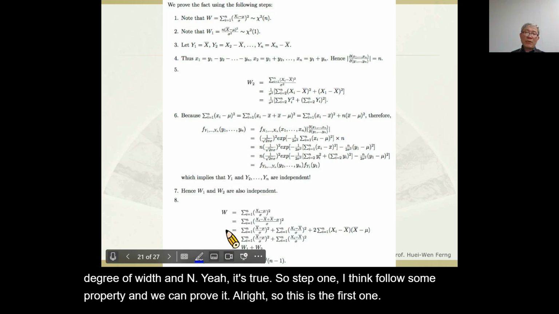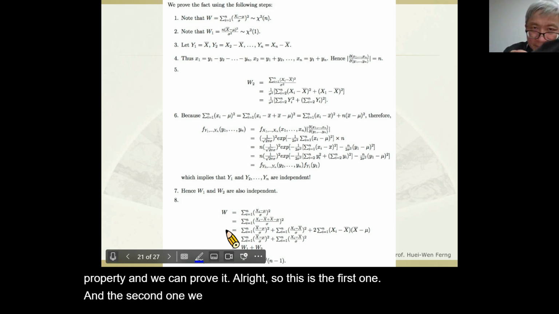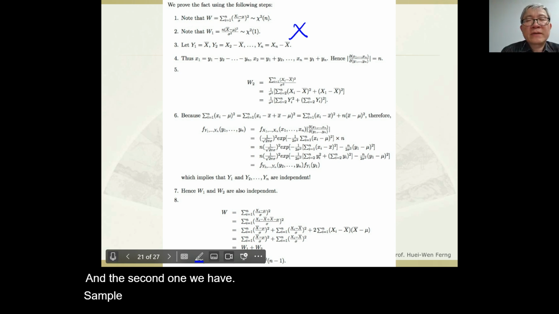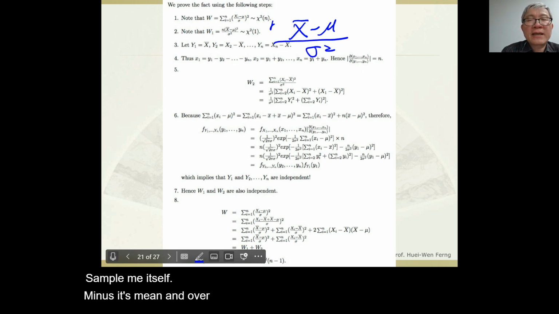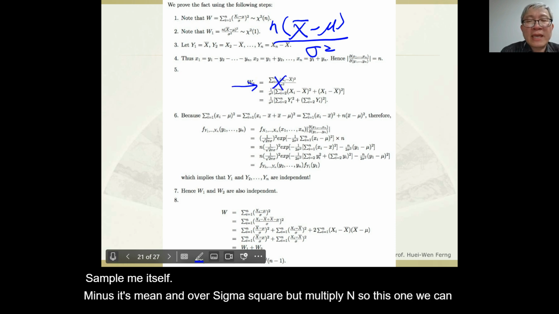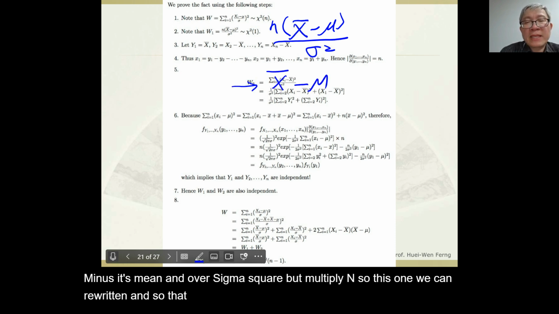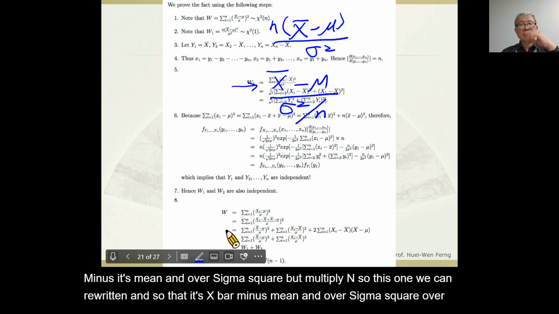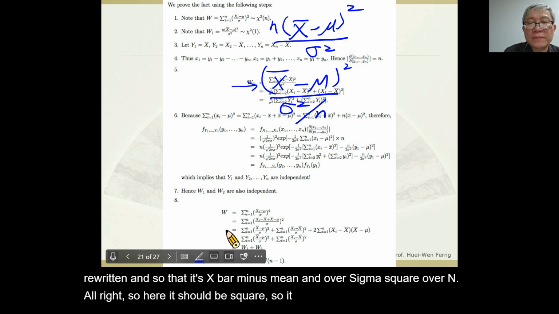And the second one, we have the sample mean minus its mean, over sigma squared, multiplied by n. This we can rewrite as x bar minus mu, over sigma squared over n, and here it should be squared.